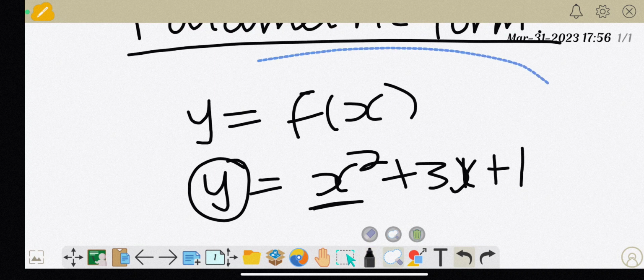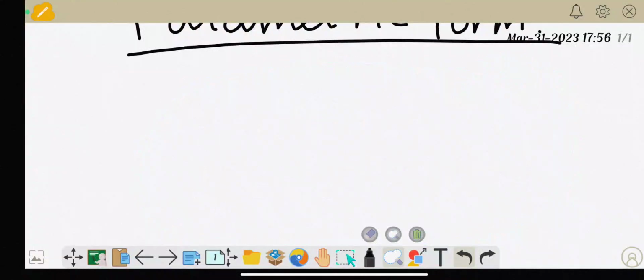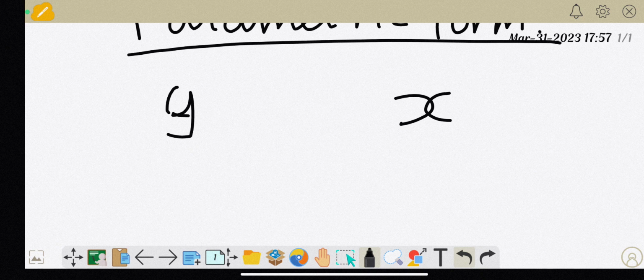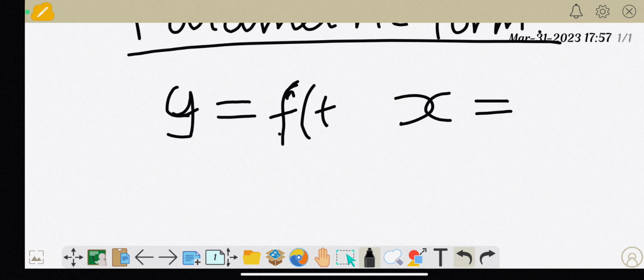So here sometimes what happens is, y is related in terms of x, correct, but there are certain kinds of equations where it is not only two variables, but both of these terms are related to a third variable. So consider it to be f of t.